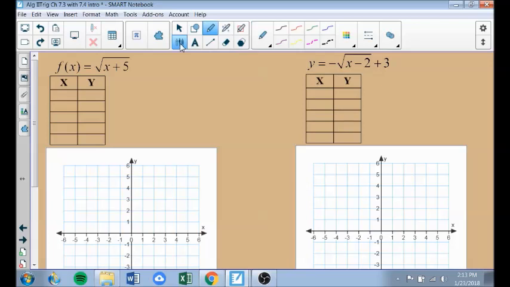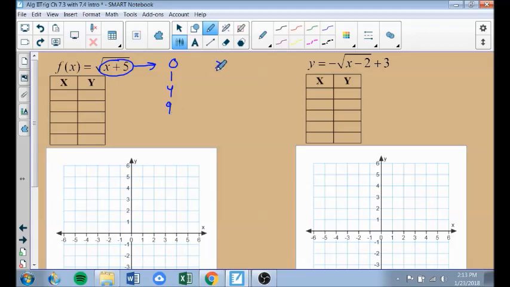The way that I get smart about this is I take x plus 5, and I want x plus 5 to come out to 0, 1, 4, and 9. I picked those numbers because they're the first 4 perfect squares. So if I can make x plus 5 equals 0, 1, 4, or 9, then my square rooting gets a lot easier.